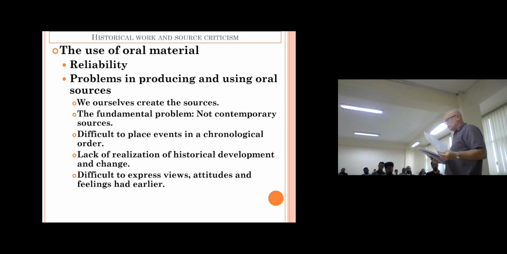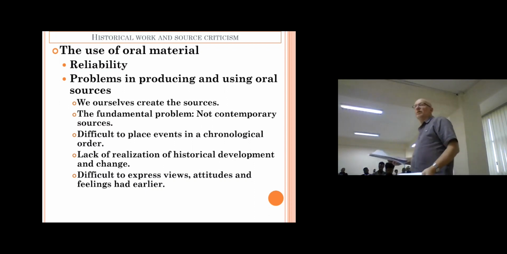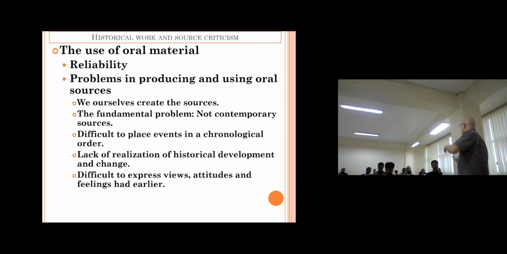What they think today is how they thought earlier. So to get people's view of baptism, for example, many years ago, is very difficult because they have learned a lot about baptism since then. And that's what they tell you. To get the worldview, the meaning of the spirits, the importance of the spirits, is also difficult.